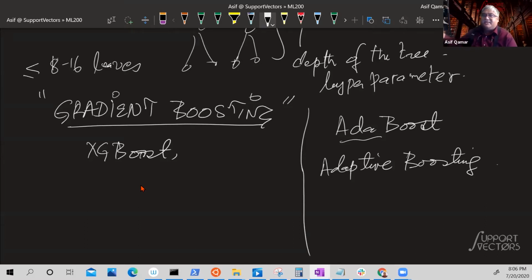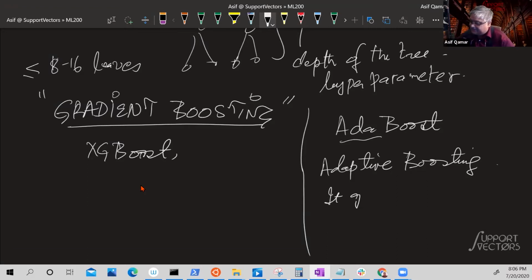It grows the trees sequentially, and adaptive boost deals with the trees. But what it does is, it looks at the mistakes that you make, let's say for classification, and it amplifies the mistakes. It exaggerates the mistake.